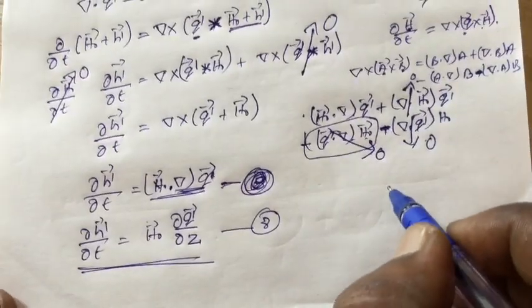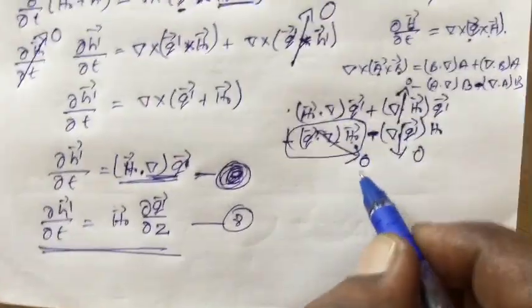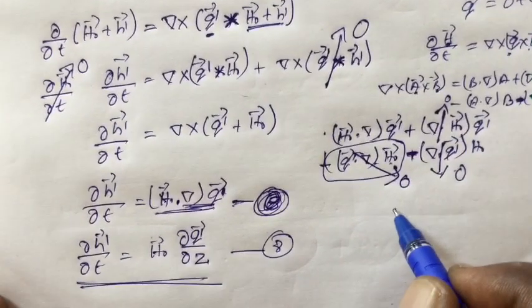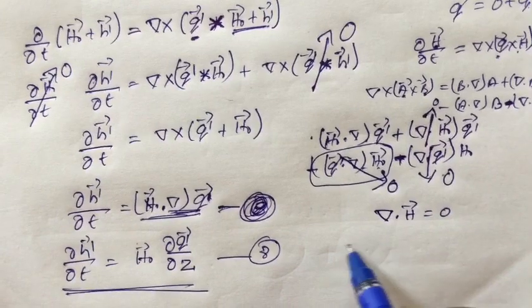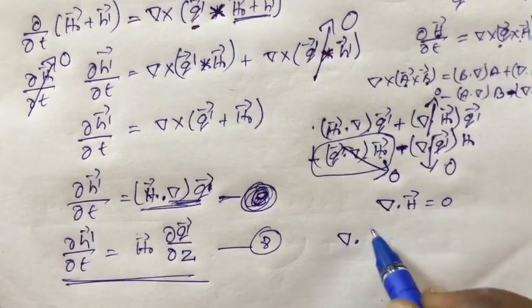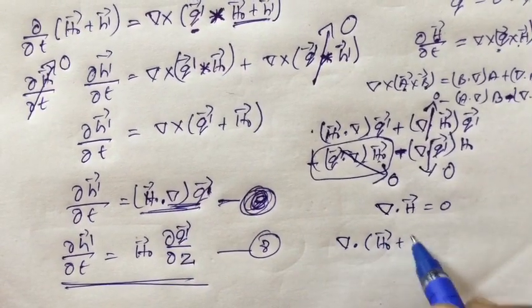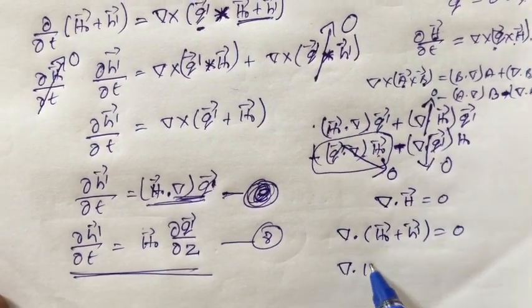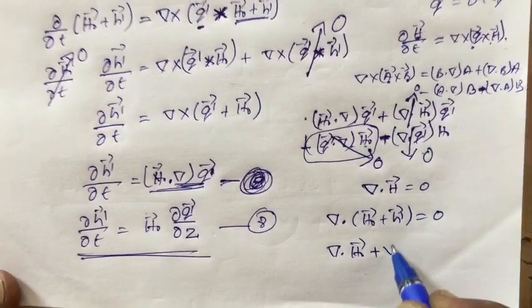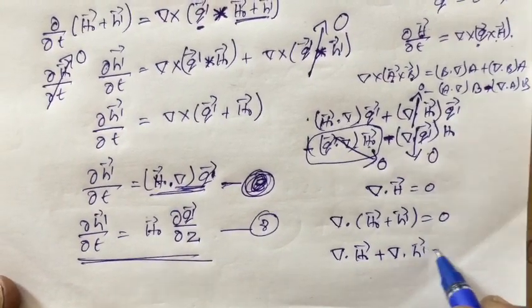Now this is due to the magnetic induction equation. Now substitute the perturbed quantities in the solenoidal property, that is del dot H is equal to 0. It implies del dot (H naught plus H dash) is equal to 0. It implies divergence of H naught plus divergence of H dash is equal to 0.